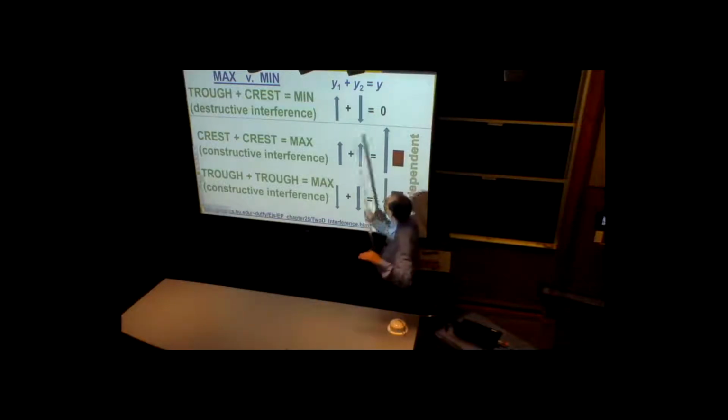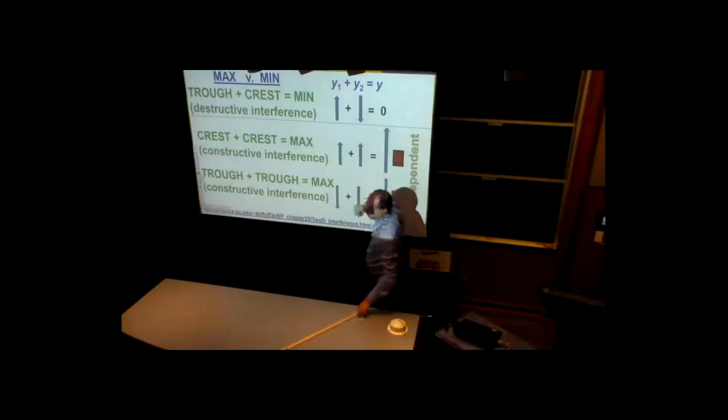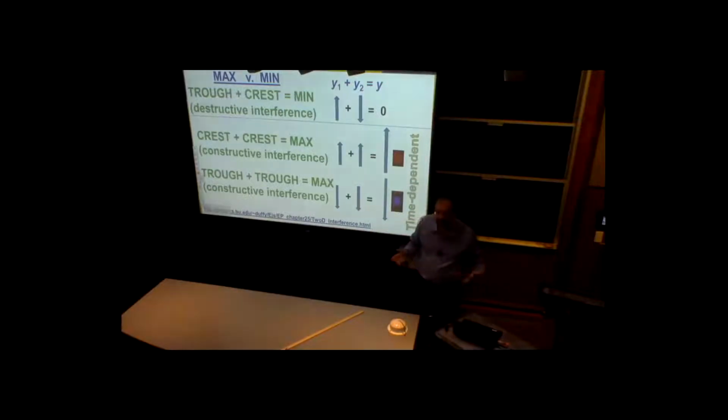Yeah? It's zero. Actual individual waves would change in time. So this grows, and this grows in opposite direction. So they always cancel each other out. At the location of a minimum of intensity, we will see nothing, never.